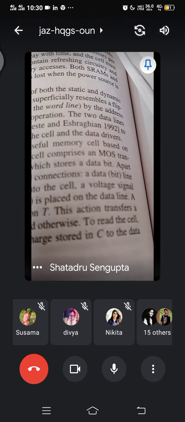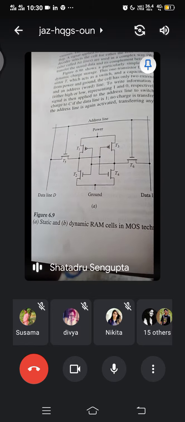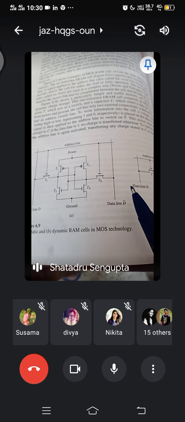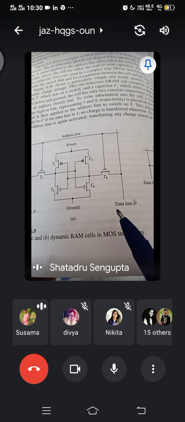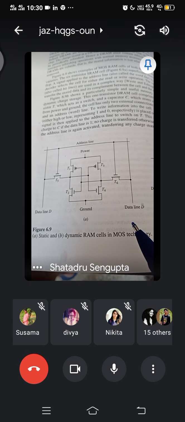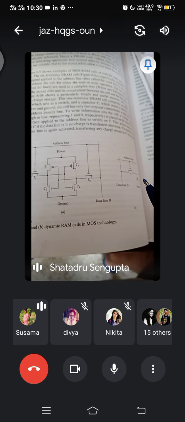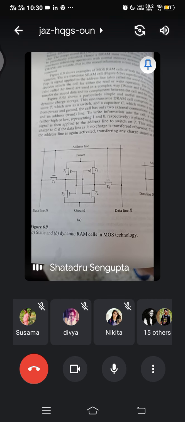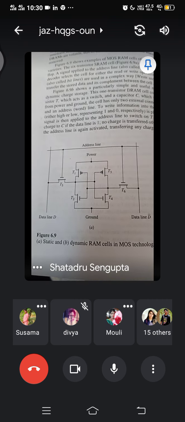So in this diagram that we are referring to for this, yes, Sushma, is it clear now? It is not.